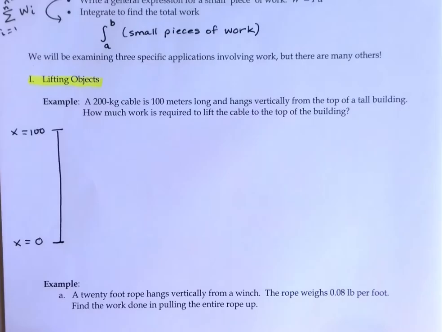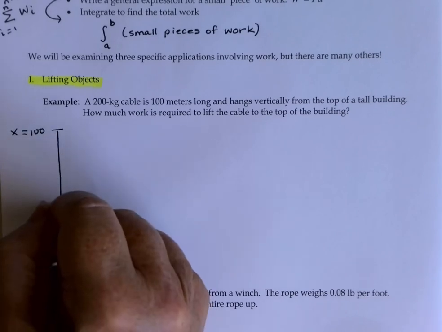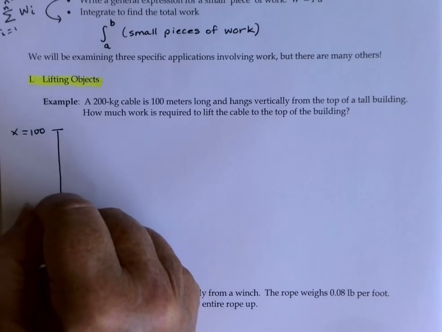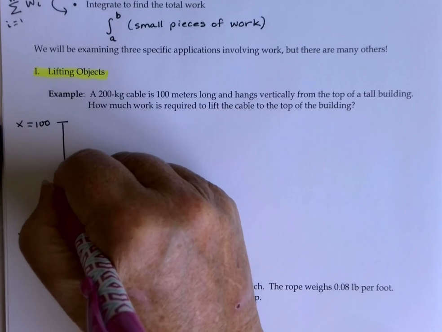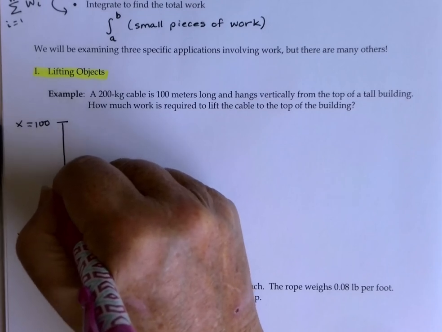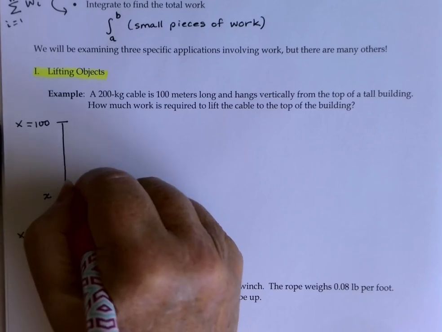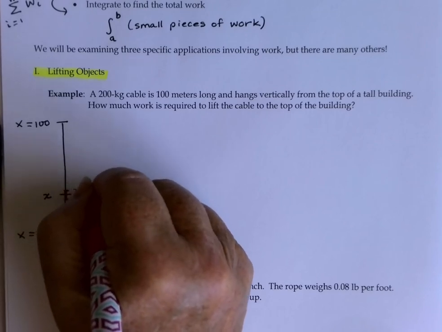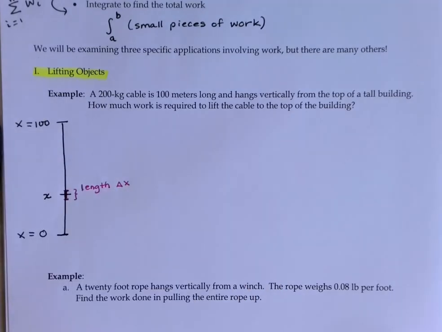So let's follow the advice we have up here. We're going to think about what happens for a small piece. I'm going to say it's at some random height x. Let's imagine a little tiny piece of cable here. I'm going to say that little piece has length delta x. You've seen this lots before, right? Those delta x's, eventually we can shrink them infinitesimally small.